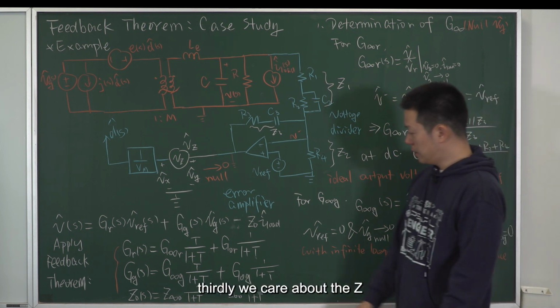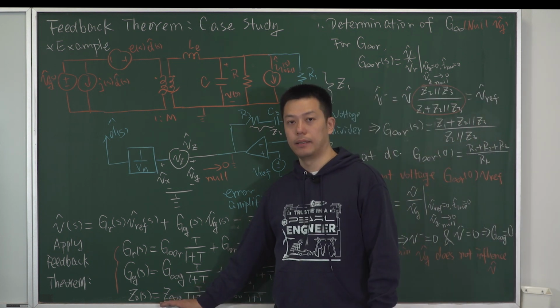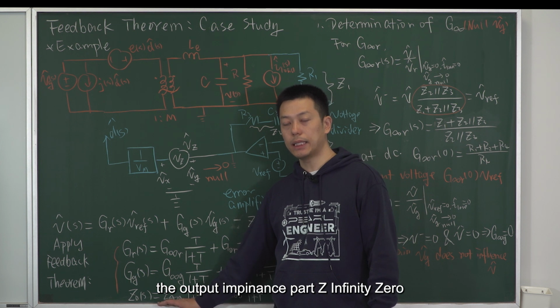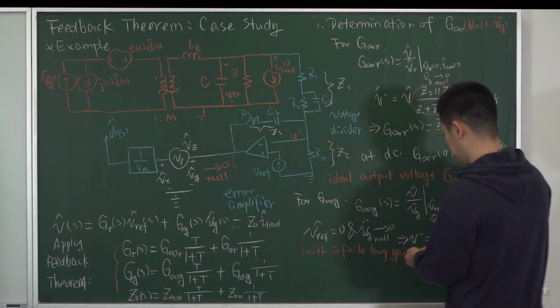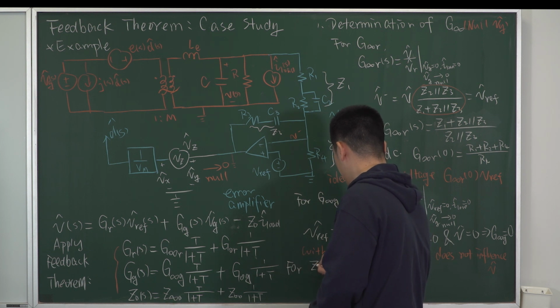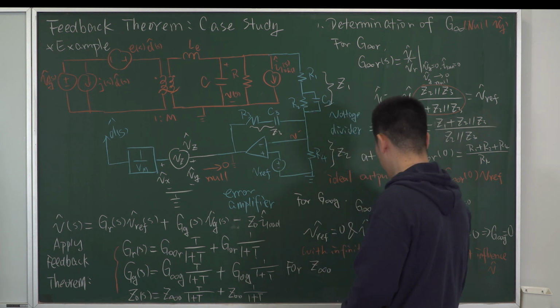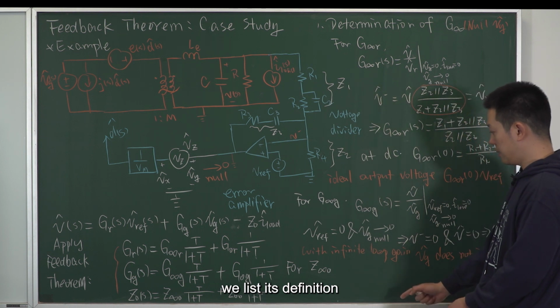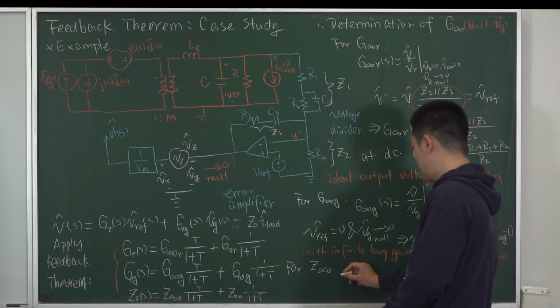Thirdly, we care about the output impedance part, Z infinity 0. Again, we list its definition.